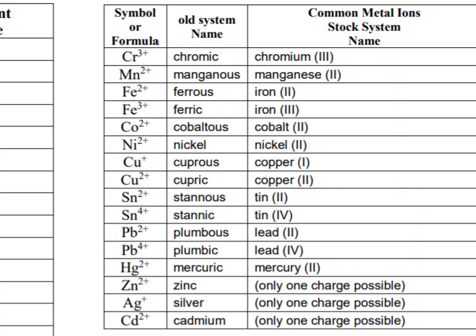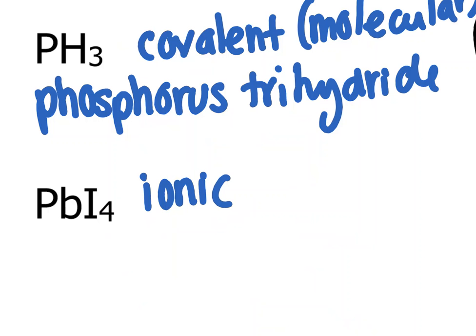Additionally, on your symbols to memorize on the upper right, it tells you these common metal ions, and it is a really good idea to have these in your head. We see that lead can be either +2 or +4, so we need to decide which lead this is. The way we decide what charge of lead this is by looking at the charge of the other things.